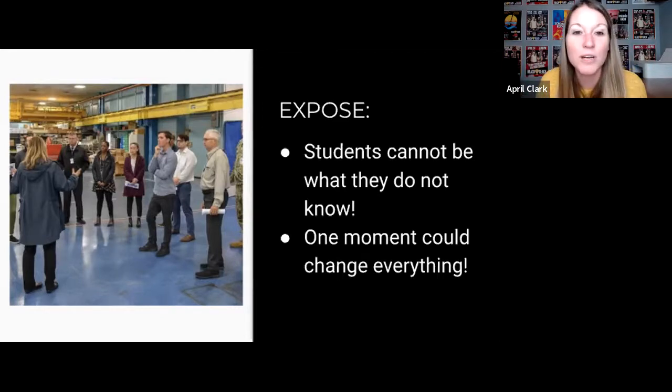And students would sit around these tables with these representatives, and they would have 5 to 10 minutes to talk with them. And then after that, they would move to the next table and talk to the next representative. And we would do that until every single student had the opportunity to talk to every representative that was there.